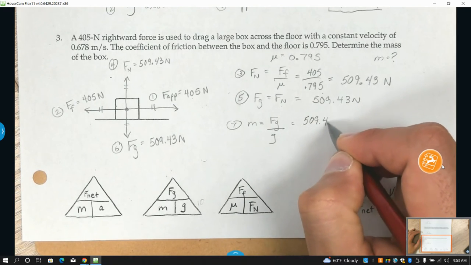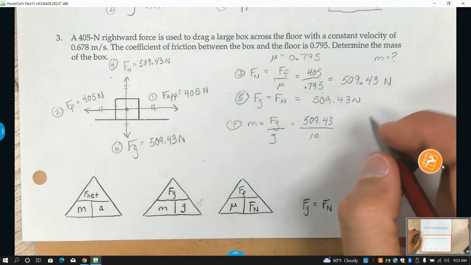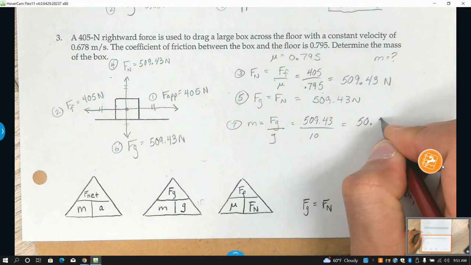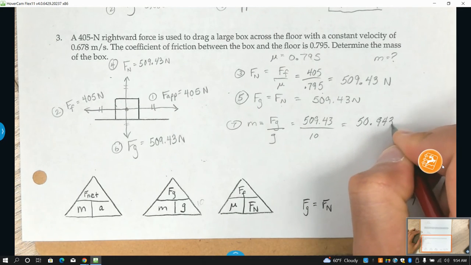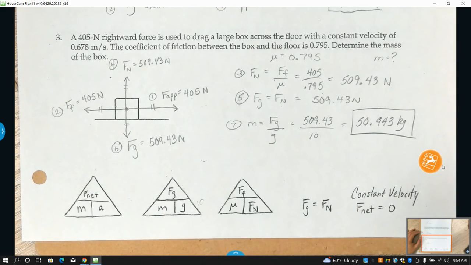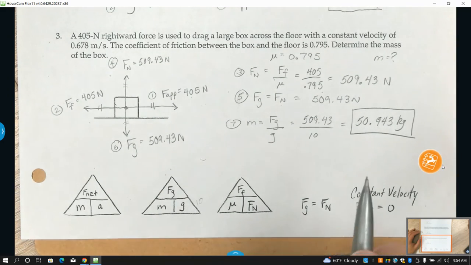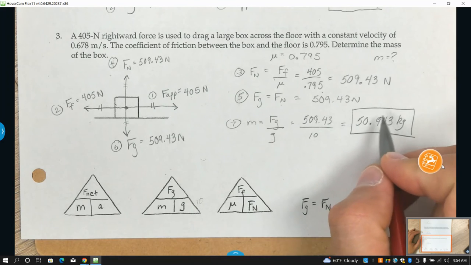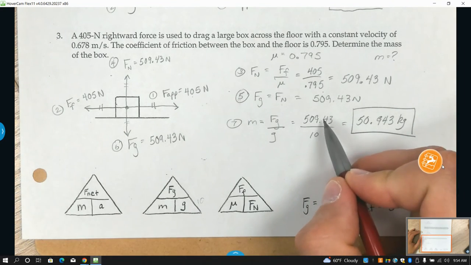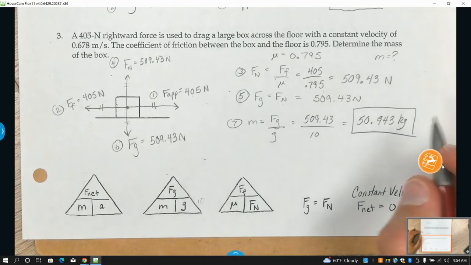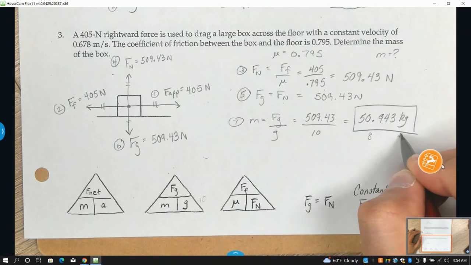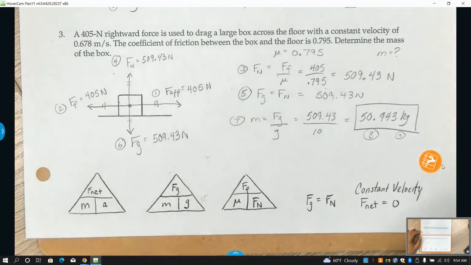So you're going to take this 509.43 divided by 10 and get a mass of 50.943 kilograms. Well, you're dividing it by 10, so you just move the decimal over to the left one. All right, and this would be your 8th and 9th thing: get the correct number and the correct unit.